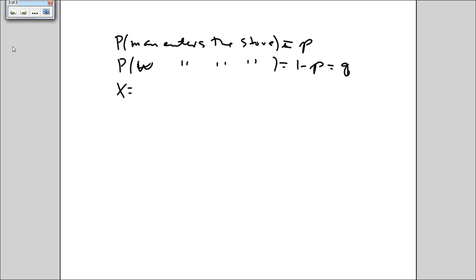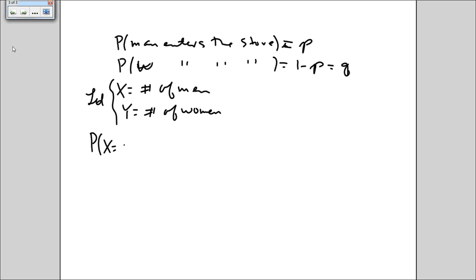Let X equal the number of men who enter the store and Y the number of women who enter the store. Now we want to prove that X and Y are independent.